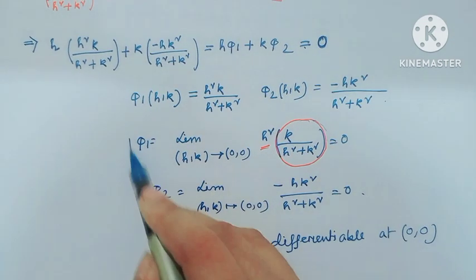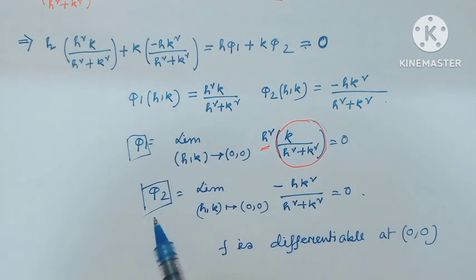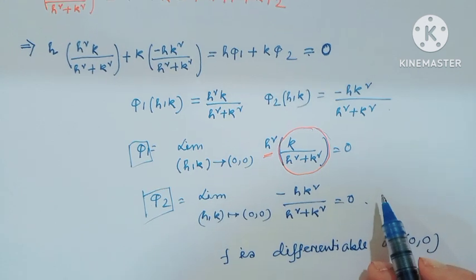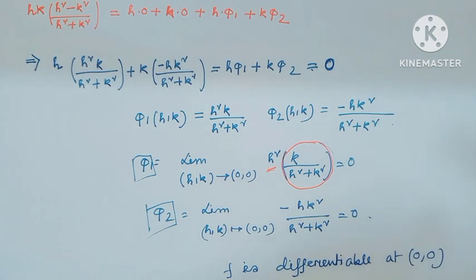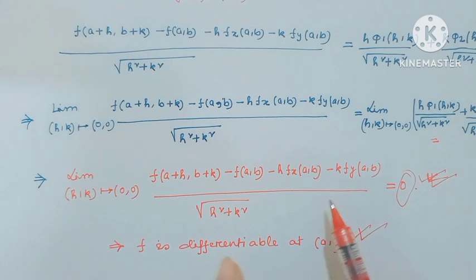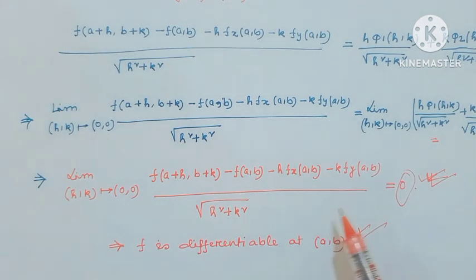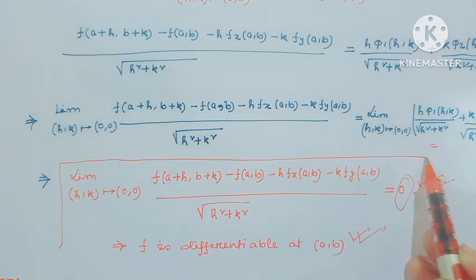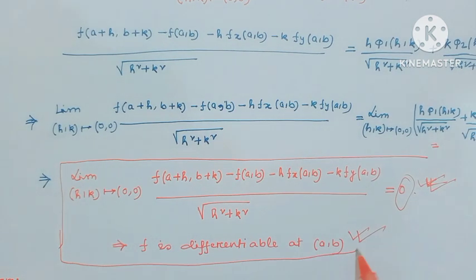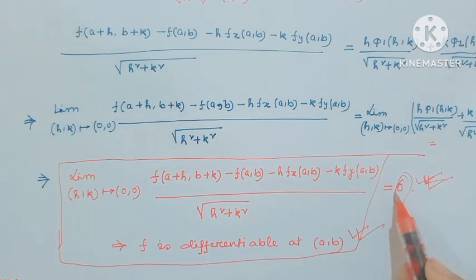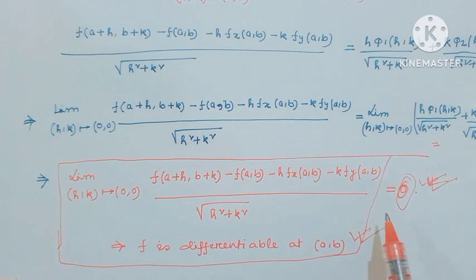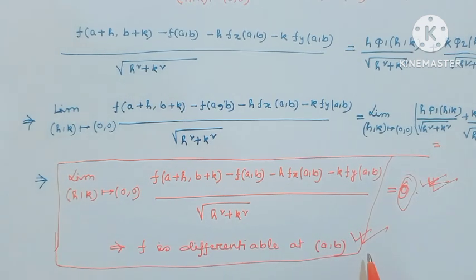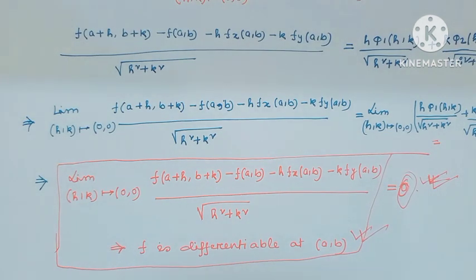Since φ1 and φ2 both have limit 0 as (a, k) tends to (0, 0), the function is differentiable. We can use this method also. By this method we can tell that if this value is equal to 0, then the function is differentiable at the point, here the point (0, 0).